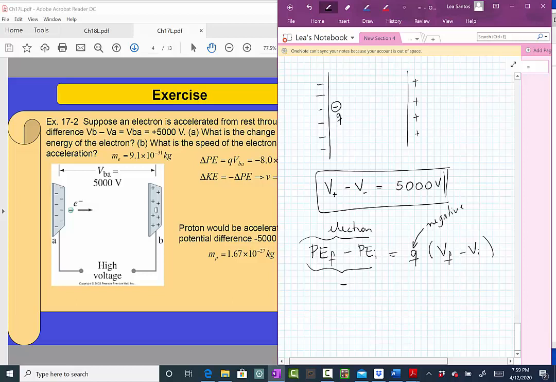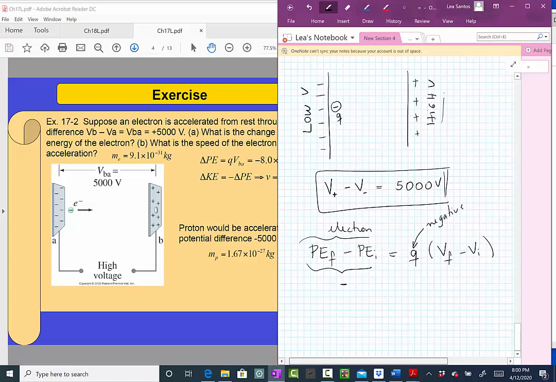Now, a negative particle moves from low potential to high potential. So a negative charge moves from low potential to high potential.